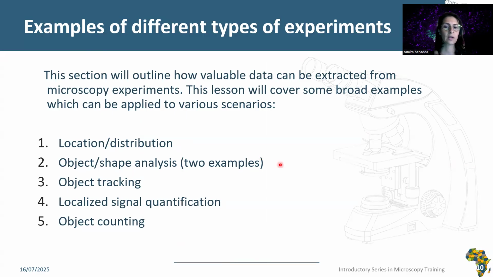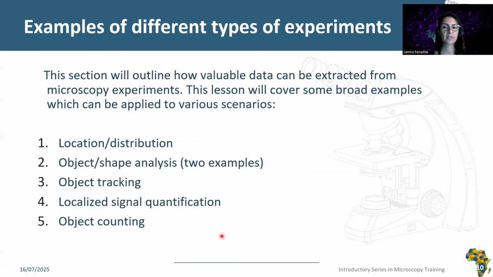We also have an example of object shape analysis. Rather than just describing what is visualized, we can actually get data from such experiments for a better comparison. Another example is object tracking, where the way an object moves can be converted to numbers for reporting and comparison.